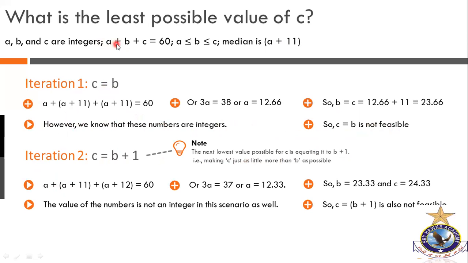From this, A plus B plus C is 60. So A will remain A as it is, plus B, and B is the median, that is the middle value. So we are coming back, putting the value of B over here, plus C, as C is one more than B.